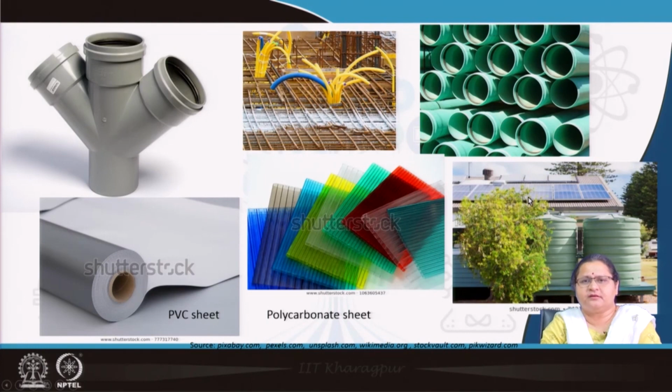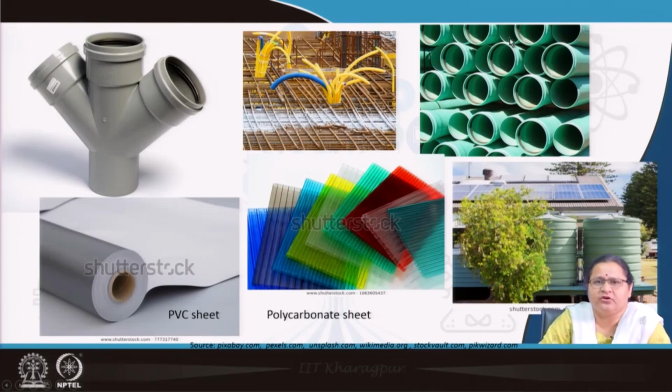Here you see the tanks which will be standing on rooftops for long years. So, they are to be ultraviolet protected, they are not to be brittle in nature. So, that particular type of plastic will come here.